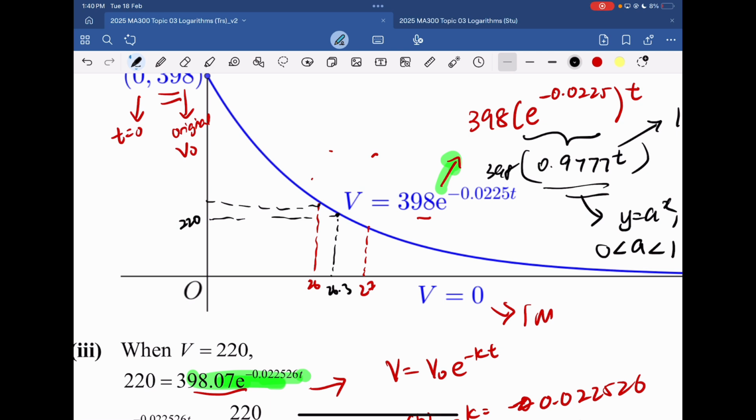I am below 220. But if it's going upwards, it's a different story. If it's going upwards, then you should take 26.